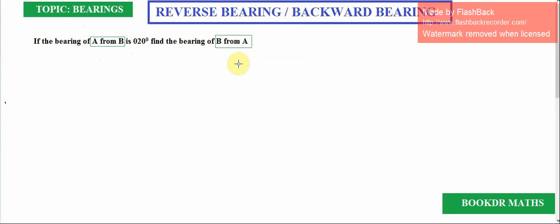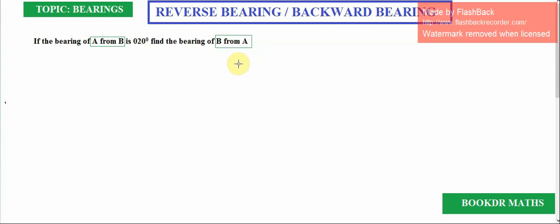When you are given a bearing of A from B, and you are required to find the bearing of B from A, you should know that reverse bearing is in place.